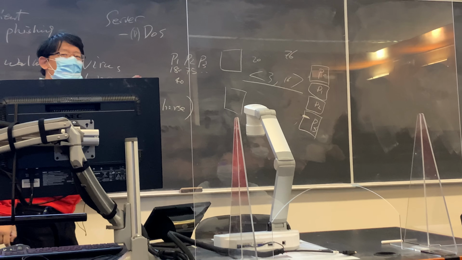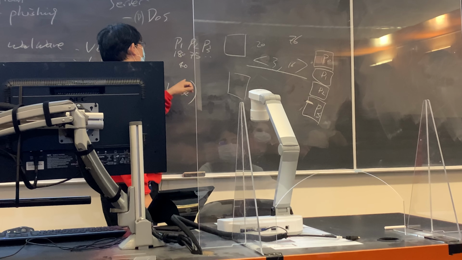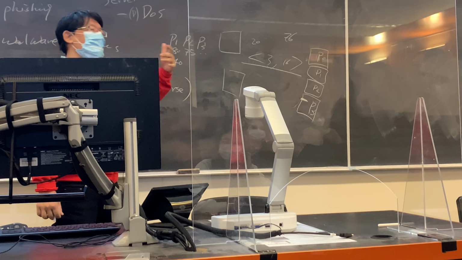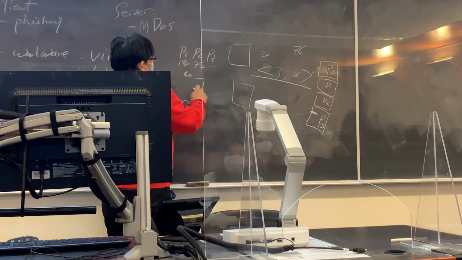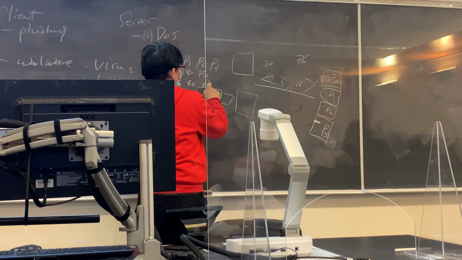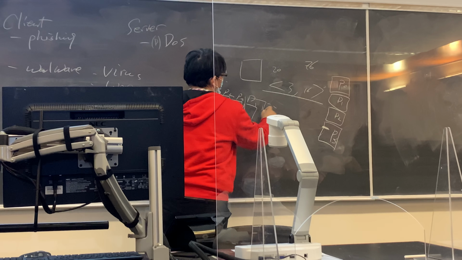Then you trace this a little bit. You say, for example, when this one finishes, we call it the turnaround time. What is the turnaround time of this one? So you just trace a little: 40, another 40, another 40, P1, P2, P3, and then P1, P2, P3 again.